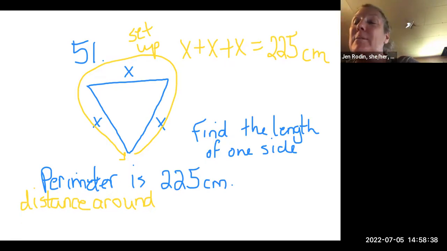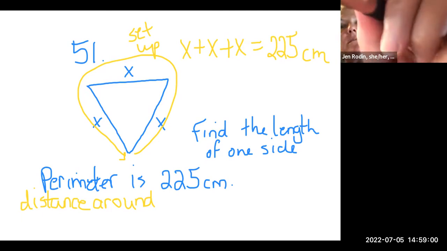No, but anyway, let's say now I want to guesstimate before I do any math. Just think, well, if 3 of them is 225, what's just 1 going to be? So I'd be like, maybe around 70, 70, 70, and 70. That would make 210. So it's going to be close to 70.